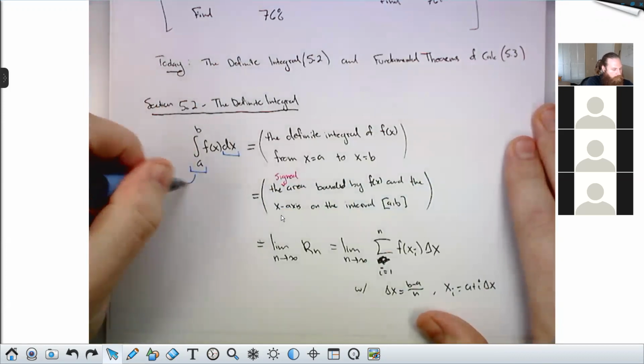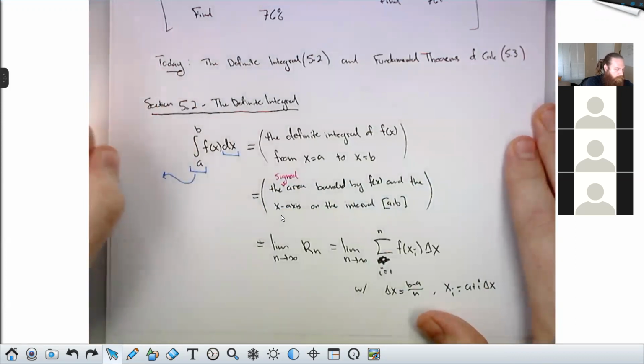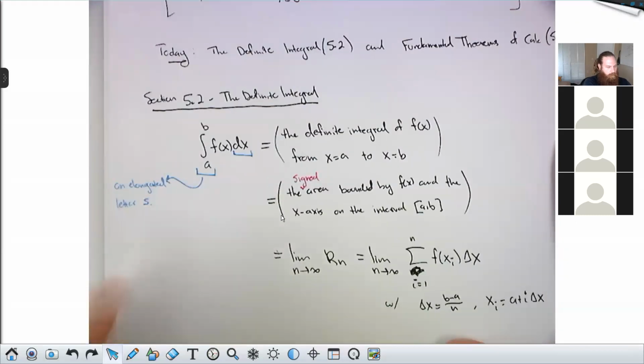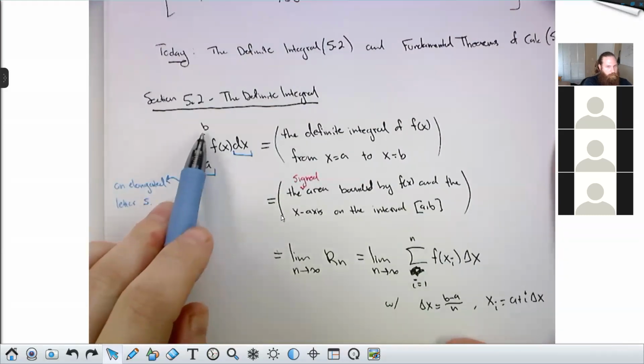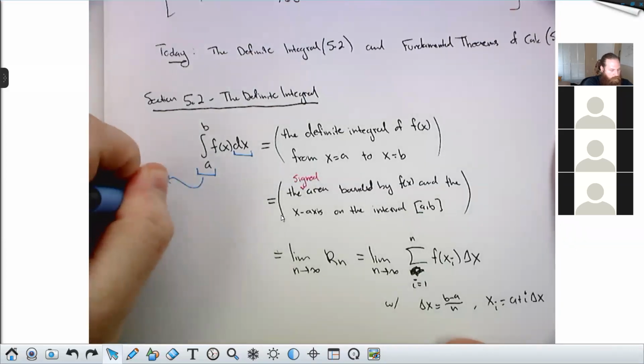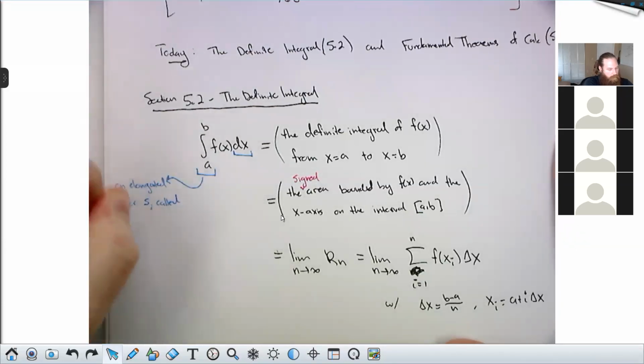So this piece right here is an elongated letter S, right, with the A and the B. But this big symbol right here is an elongated letter S, and it's called the integral symbol.